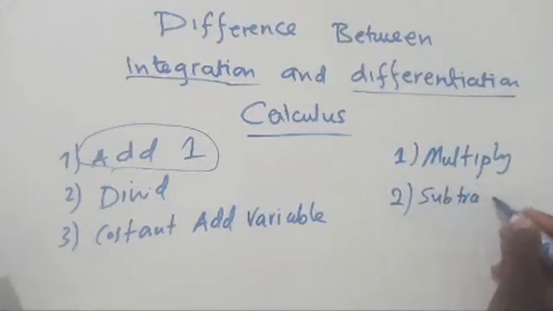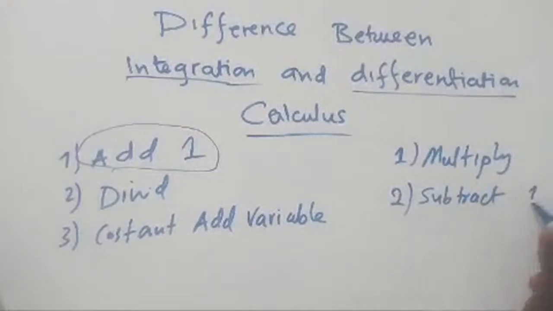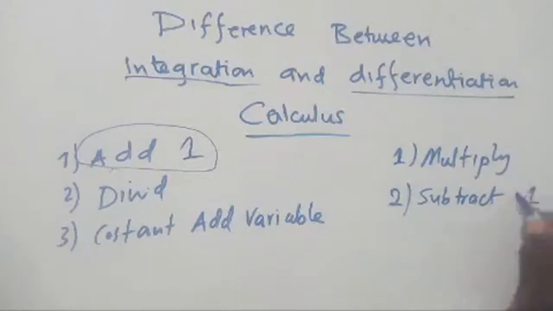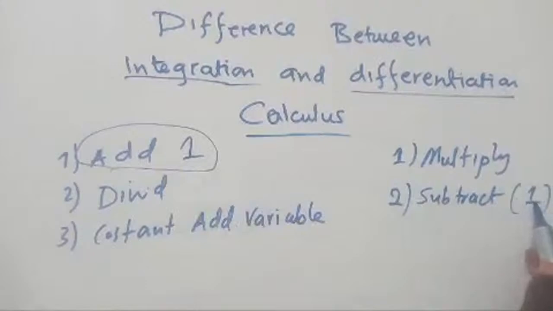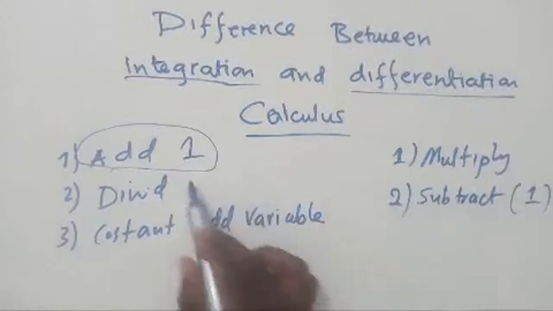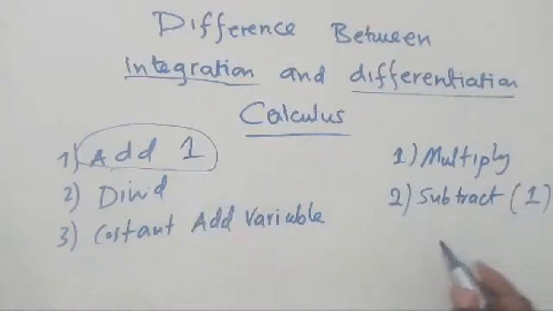Thank you, Rebecca. Subtract the power. So you subtract 1 from the power. So you see, here we are adding, here we start subtracting. That's why you can see that it's the opposite. Here we are adding for integration. For differentiation, we are subtracting.